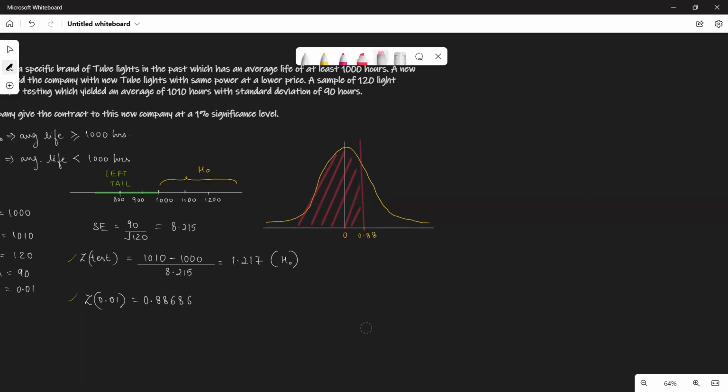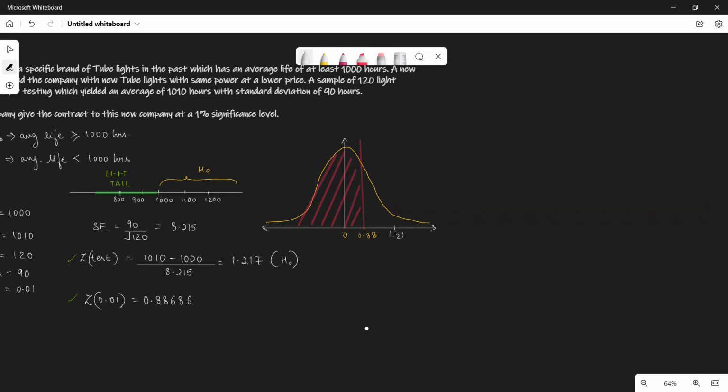It is somewhere here, at 1.21, outside the rejection region. So can we reject the null hypothesis? The answer is no. It's not in the rejection region, so we will not be able to reject it.